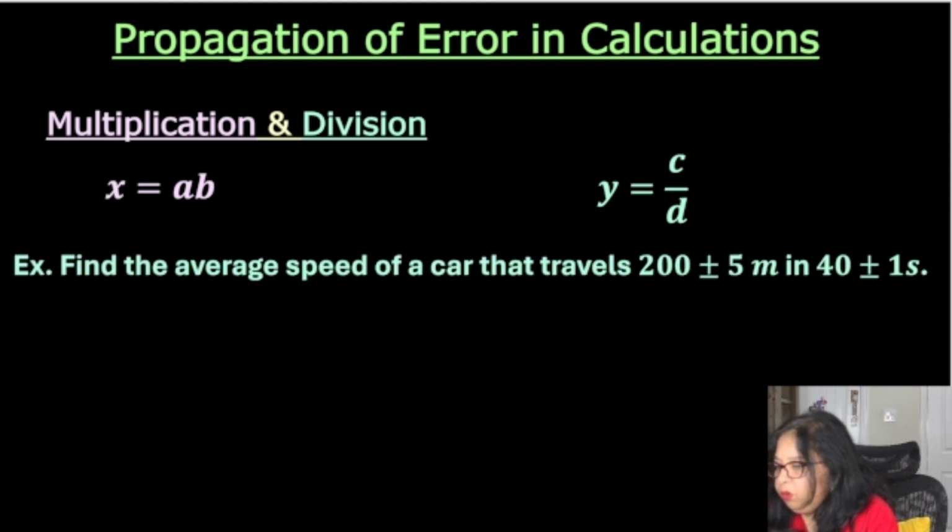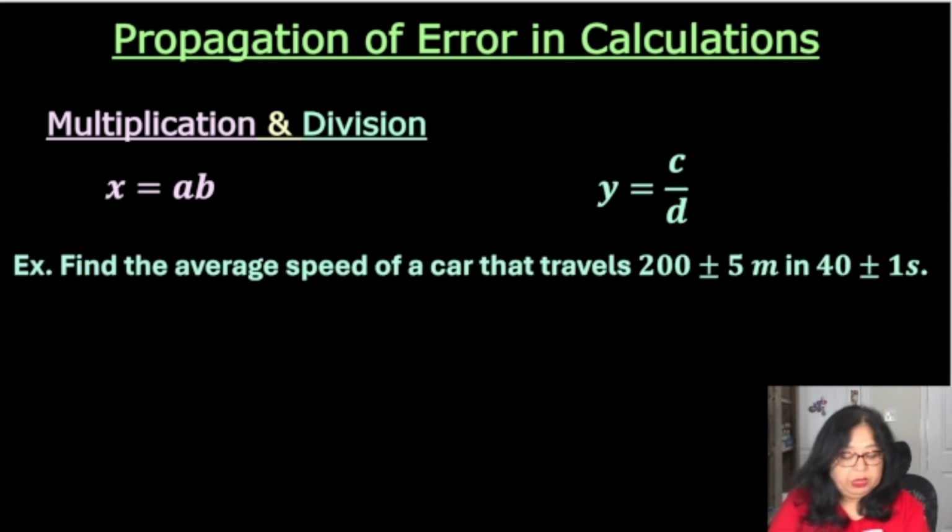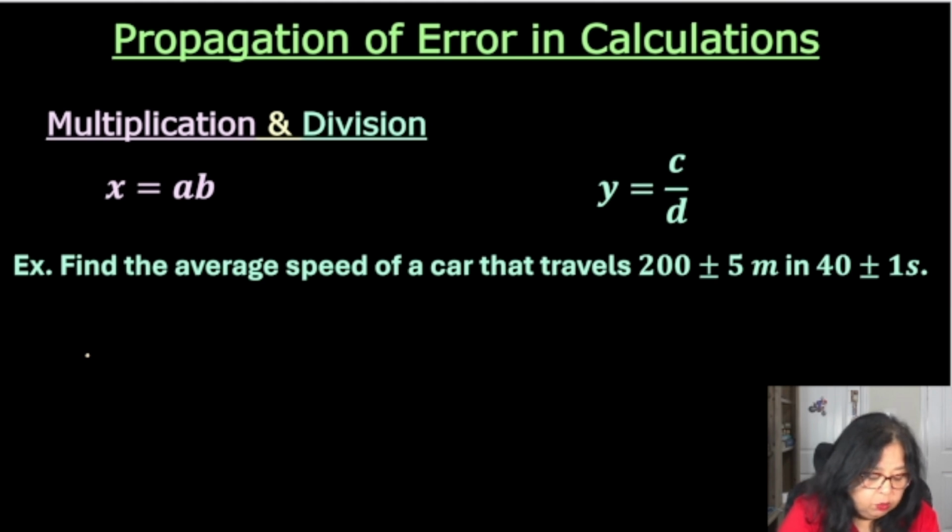Alright, moving on to division. Find the average speed of a car that travels 200 plus minus 5 meters in time t equal to 40 plus minus 1 seconds.